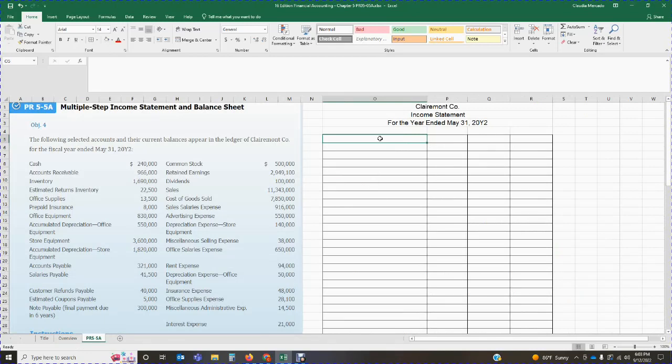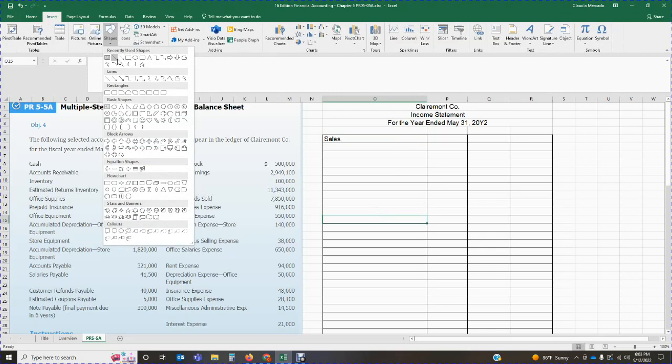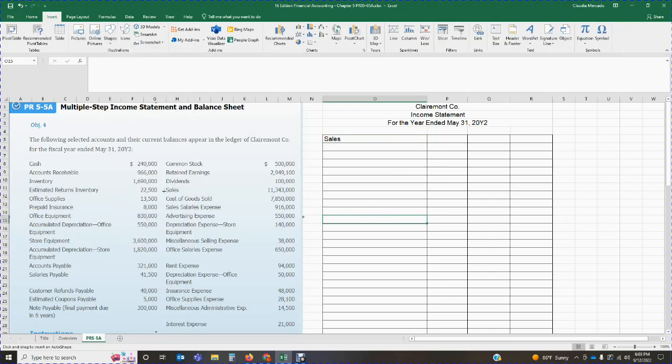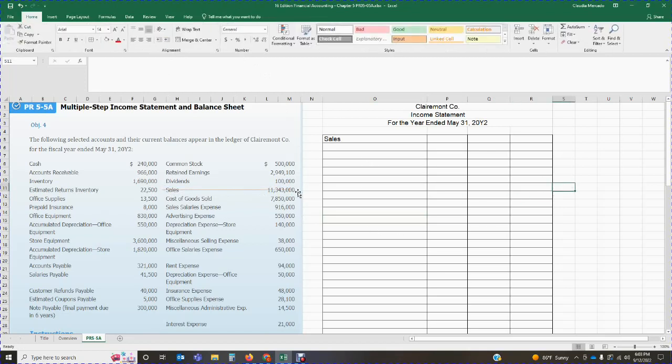The first thing that we always start off with when we are preparing our income statement is our revenue, and in this case our revenue account is our sales. So we're going to locate the sales, and I'm going to scratch them off as I use them. That way I know that I've used all of them. So sales is $11,343,000.